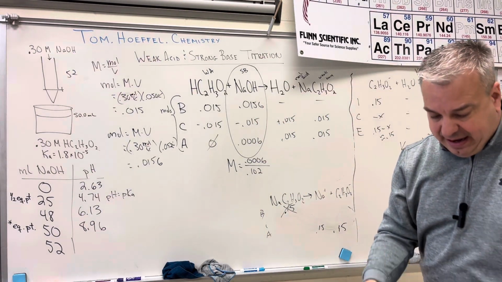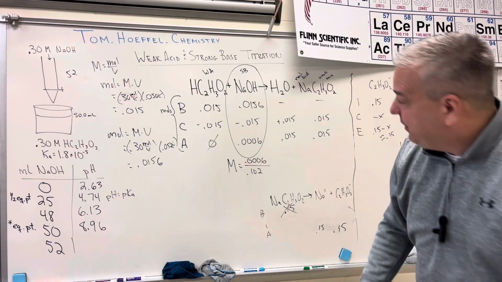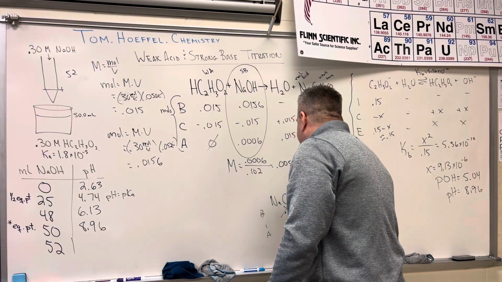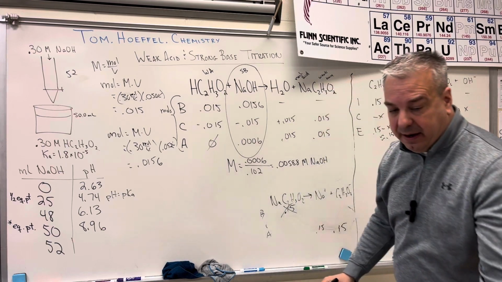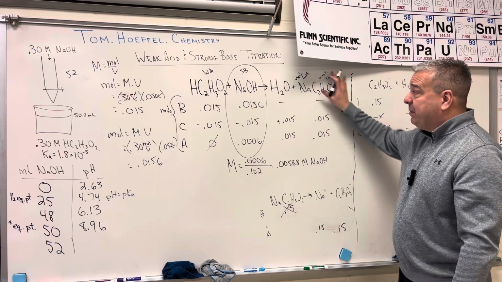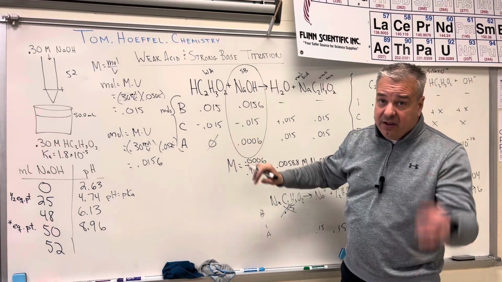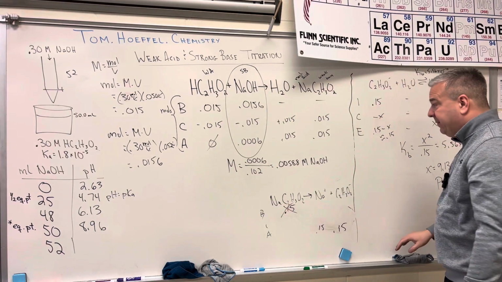And when we calculate that, that should come out to be 0.00588 as far as the molarity of the sodium hydroxide. And this is the only thing that I have to be worried about. I don't have to be worried about this weak base because I have strong base present. So strong stuff first, and that's kind of like our priority.